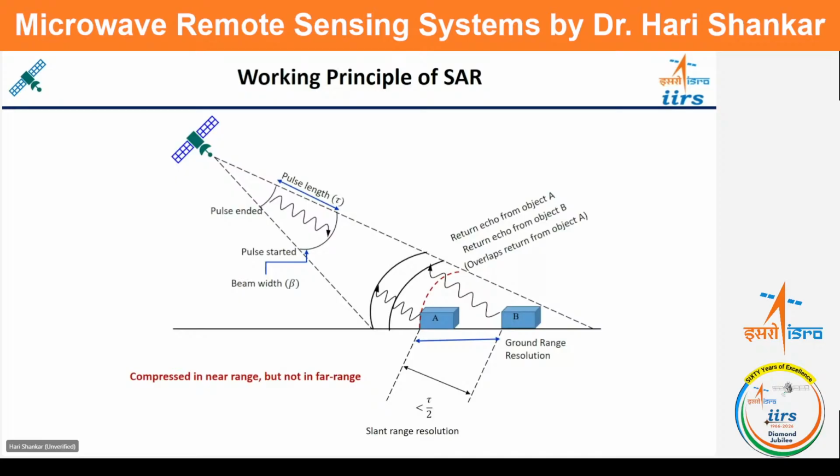The same type of situation is happening here. The echo of the microwave signal from different targets reaches the sensor, and the sensor is now capable of differentiating all these targets according to distance. So it can tell, this target is at this much distance, and this target is at this much distance.